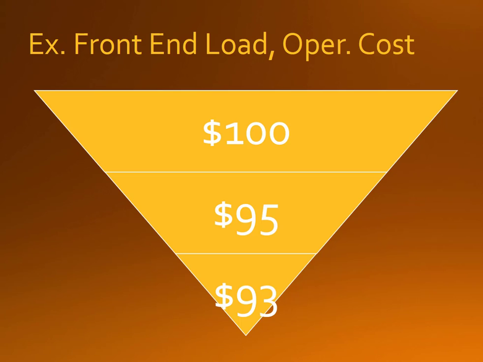And if you are actually paying an advisor another 1% per year to help manage your money or pick these funds, that's another 1%. Your $100 just became $93. Good luck with that. You're automatically down 5 to 7%, and you have to play catch up with the markets already.